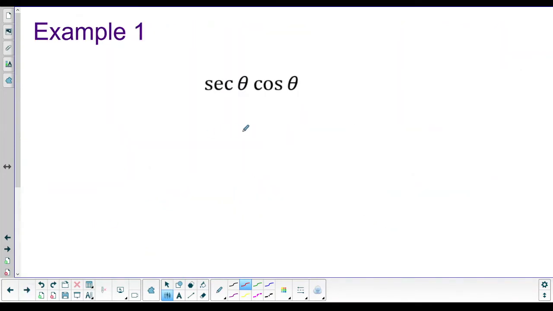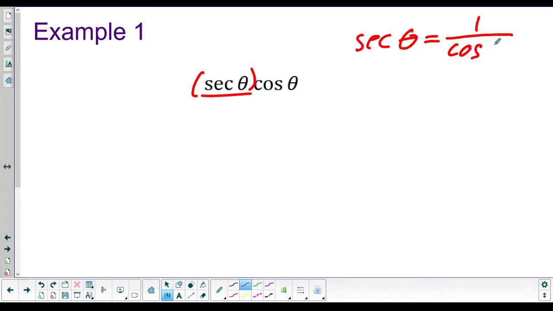All right, I do have a reciprocal trig function, secant. So what I'm going to do is take secant and replace secant of theta with 1 over cosine of theta. So this thing in red brackets is going to turn into 1 over cosine of theta.